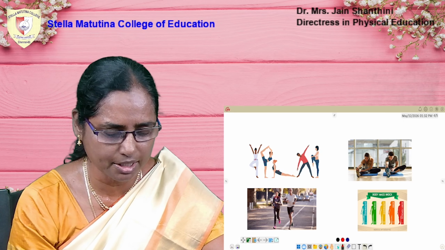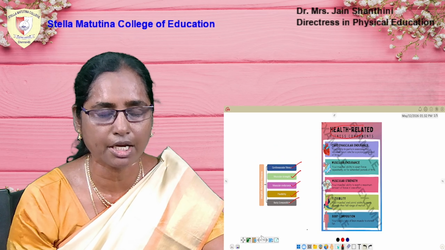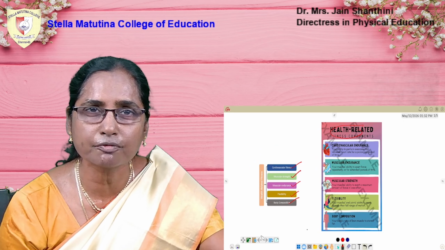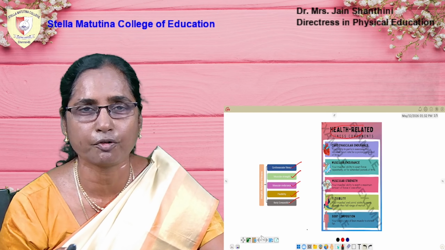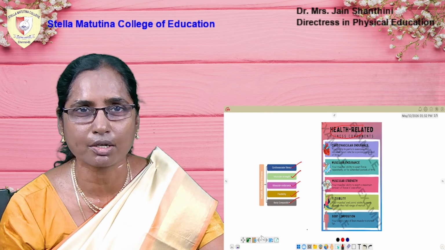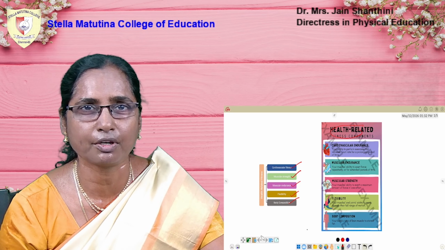The next one is cardiovascular endurance. Cardiovascular endurance is the exchange of oxygen, taking in oxygen and delivering it to the working muscles effectively without any problem.